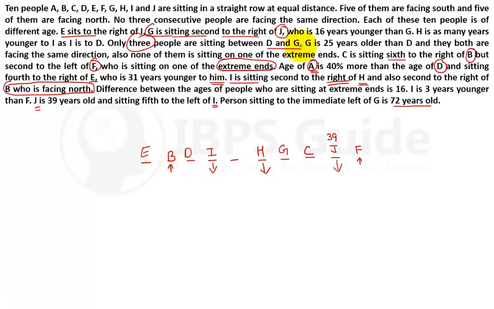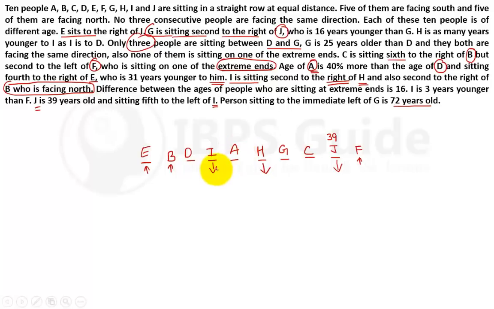Now the age of A is 40% more than the age of D, this line is talking about age, but if we read further, he is saying A is sitting 4th to the right of E. If E's direction is south, the fourth right will be somewhere here. 1, 2, 3, 4. A is here.